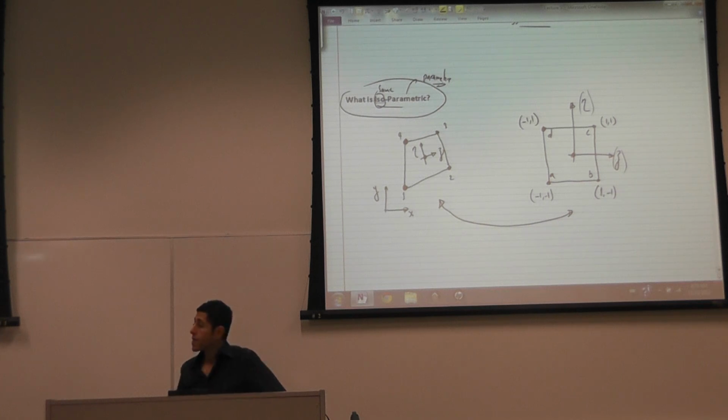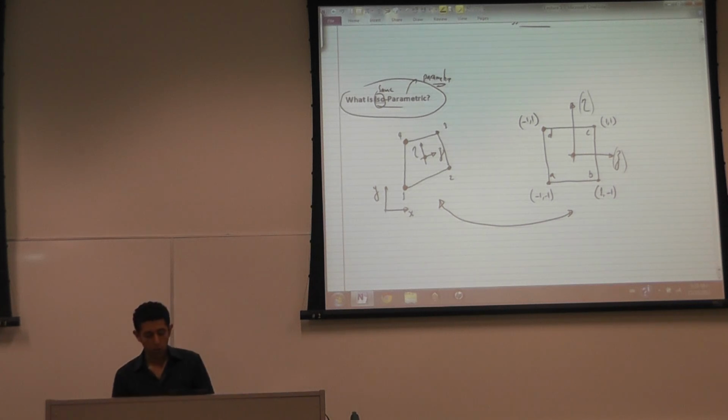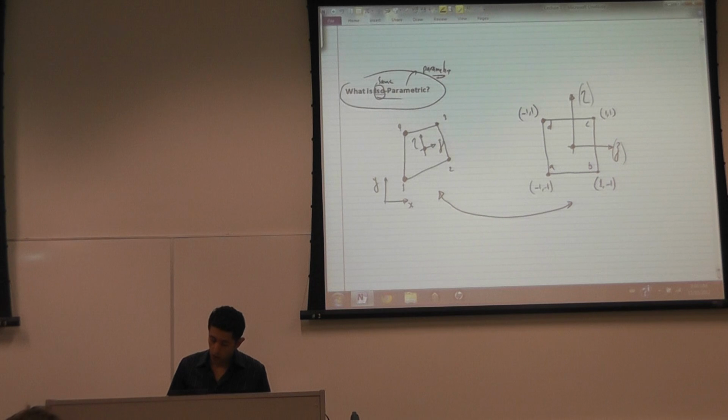So it uses the same shape functions to relate the model geometry with the element geometry, with the perfect world geometry. So basically, x, which is the horizontal component of the position, is equal to x1 N1, where N1 is a function of xi and eta, plus x2 N2, which is a function of xi and eta.